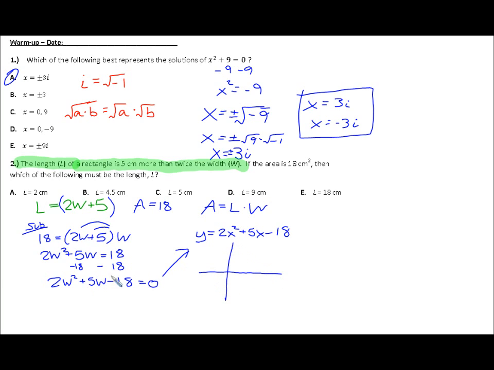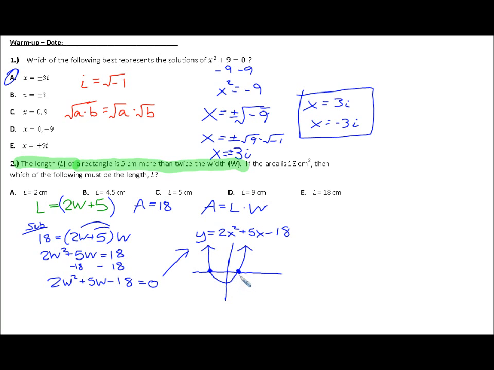And to solve this equation, I'm saying, well, when is this function equal to 0? That's the same thing as saying, what are the x-intercepts of the function? Because that's where y is 0, that's the x-axis. So these 2 points, if you graph them out and you find the zeros of this function, are the solutions for x, or in this case, for width, for w.